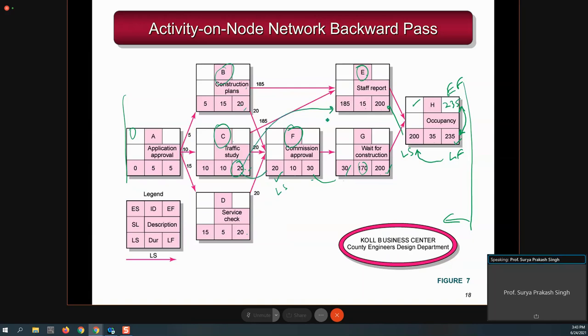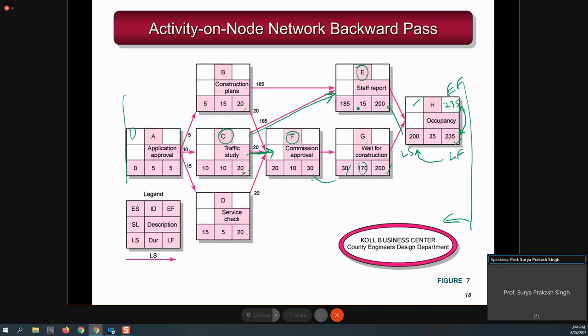So the answer is that whenever this situation comes, when there is a burst kind of situation, where from one activity two activities are coming out, in that situation we have to write the minimum of these two. So let me erase and write it again for clarity. Because C is related with F and C is related with E, you need to calculate the latest finish time.